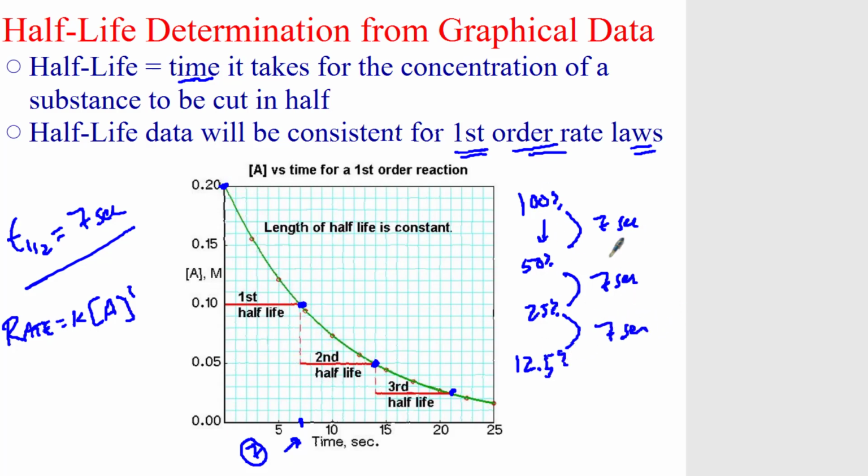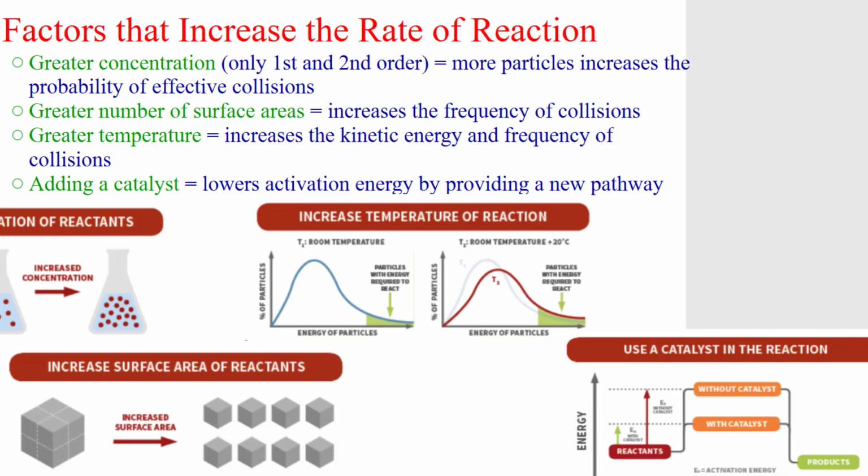So we know it would take 7 times 3 is 21 seconds to get 87.5% of it gone. It's never going to hit 0. It's going to asymptote. And of course, if we graph the natural log of the concentration of this data versus time, we would get a linear graph here, okay? Because it is first order, and that's how we find the half-life determination.